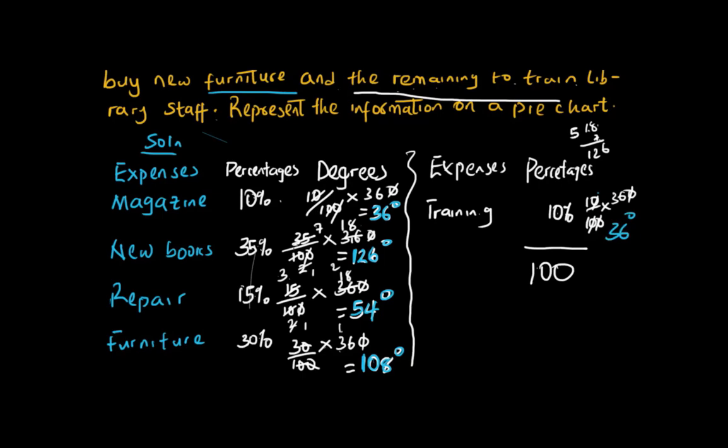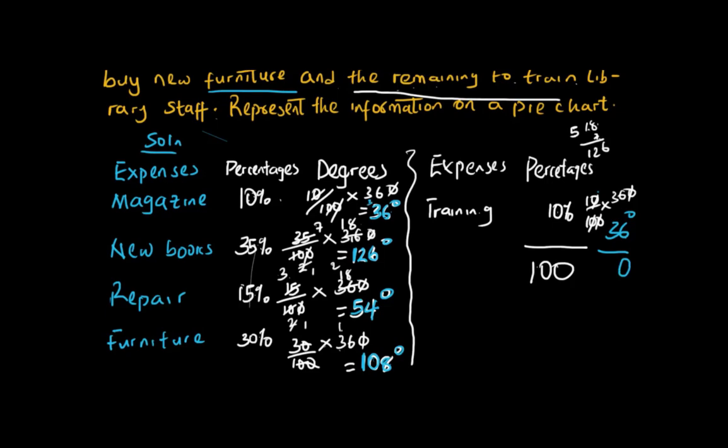Now we've turned everything to degrees. But remember, to confirm that we are right, all the values must add up to 360 degrees. So let's try doing it. 6 plus 6 is 12. 12 plus 4 is 16. 16 plus 8 is 24. 24 plus 6 will give us 30. So we have 0 carry 3.